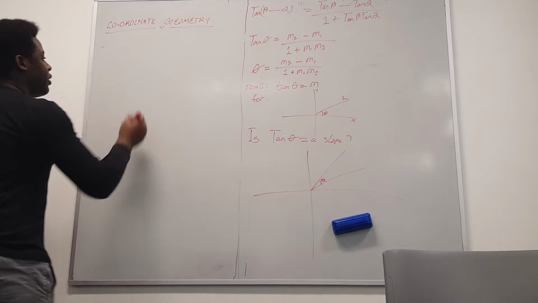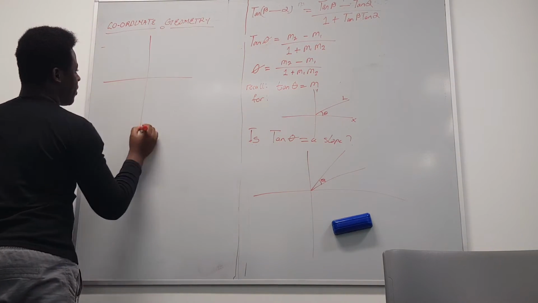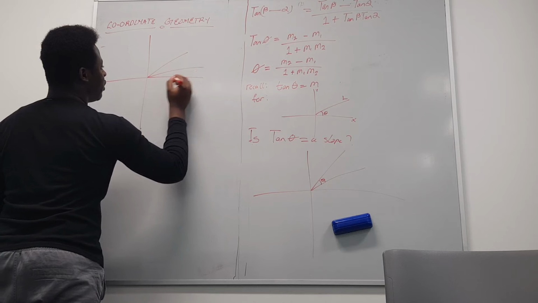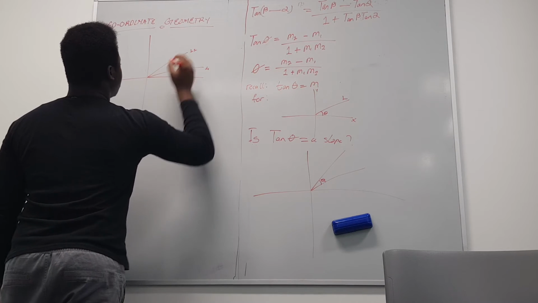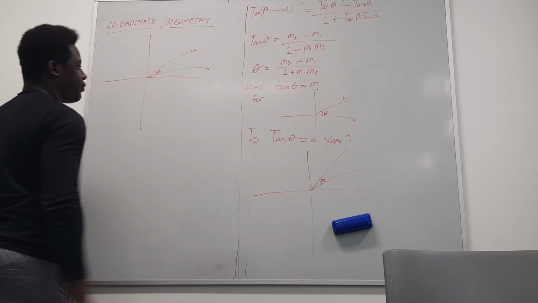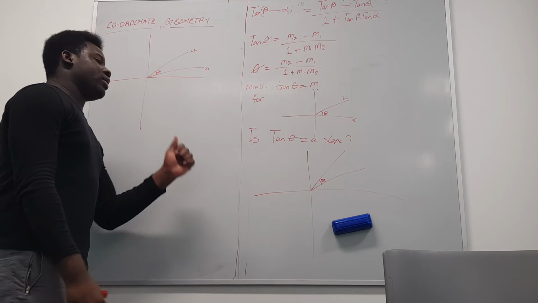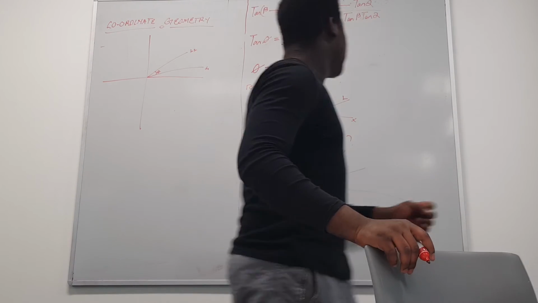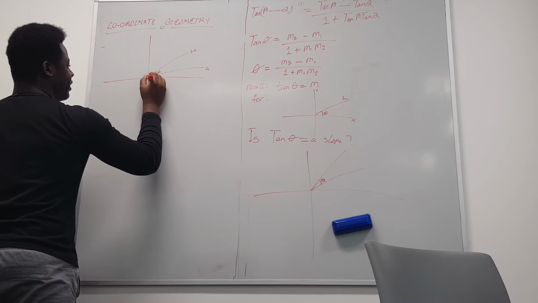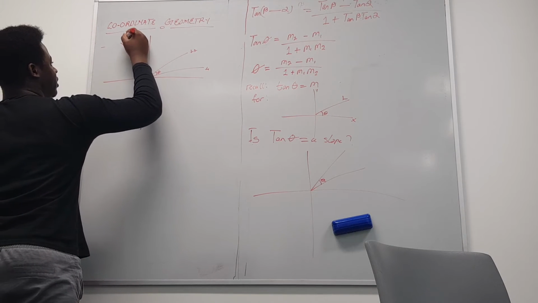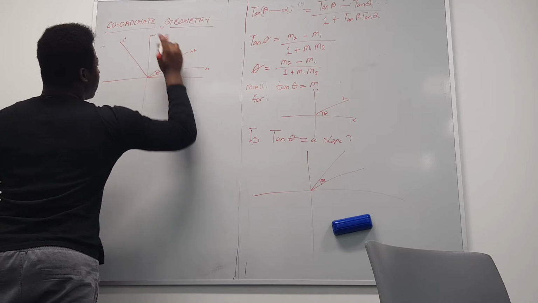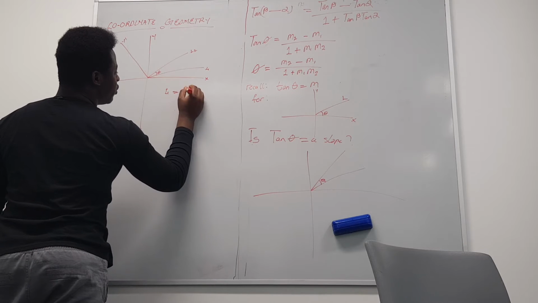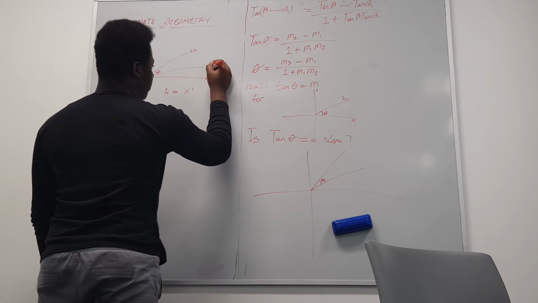This was the original drawing. Oh, sorry, the original coordinate system: L2, L1, phi. Tan phi will be the slope of the line L2 if the coordinate system has changed such that this is y prime, this is y, this is x, such that L1 is equal to our new x-axis, which is x prime.